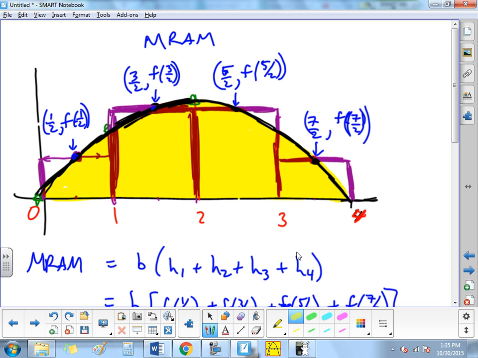Probably don't even need LRAM and RRAM, right? They're not very accurate. But if we did an MRAM with like 100 rectangles between here and there, that would be super, super accurate, right? And a computer would have no trouble at all adding up H1 through H99 like that. I mean, it can do it faster than you can say Ritzcraft. Okay?